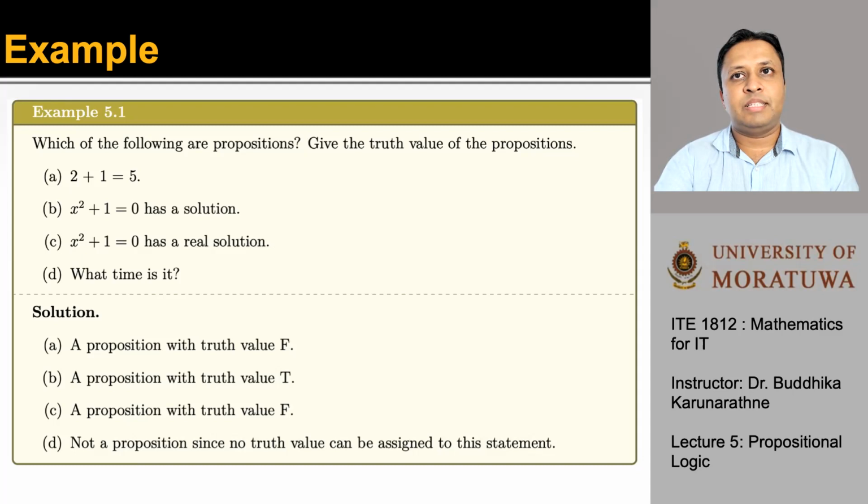Third one is x squared plus 1 equal to 0 has a real solution. Once again, this statement is a proposition, but the truth value is false because it does not have a real solution. Fourth one, the question, what time is it? It is not a proposition, since no truth value can be assigned to this statement.